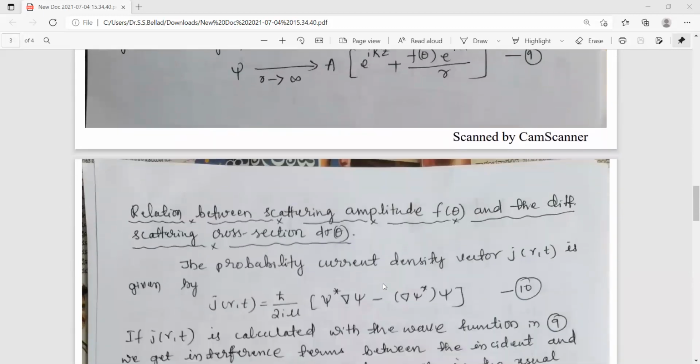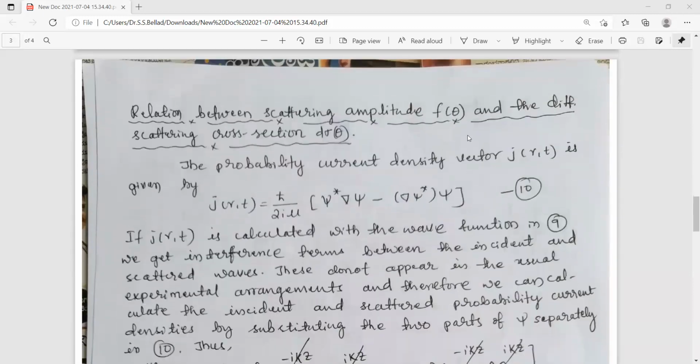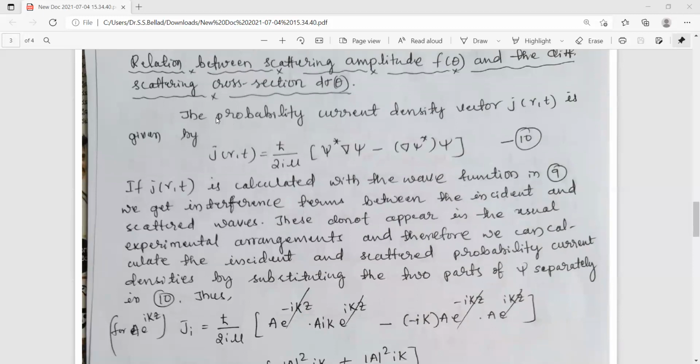Then we will have the relation between this scattering amplitude f of theta and the differential scattering cross section d sigma by d omega. So for this, the probability current density vector J of r comma t is given by h cross divided by 2i mu into the bracket psi star del psi minus del psi star psi.